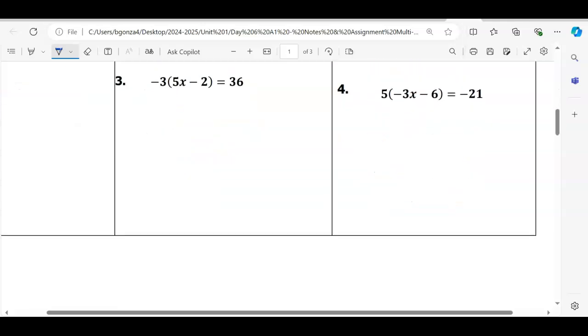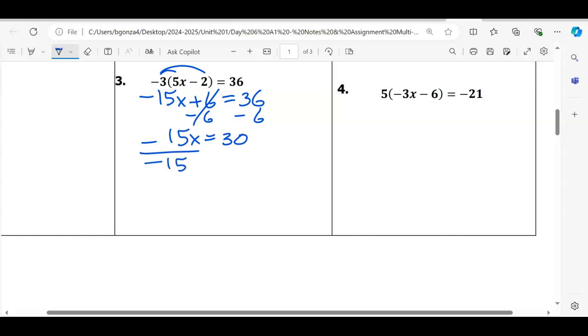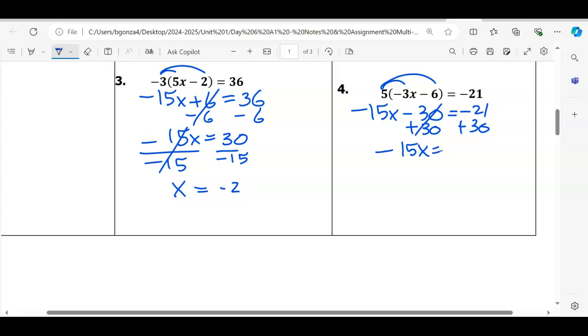See if you can get the right answer. Everyone's trying that one? 3. You try it.